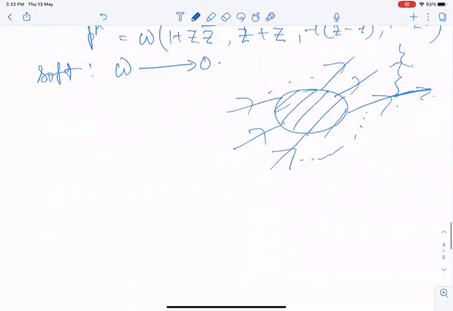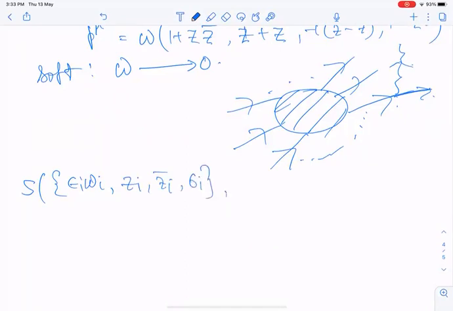And if you write this S matrix with epsilon_i, omega_i, z_i-bar, sigma_i, let me talk about an outgoing soft graviton with energy omega, z-bar, and positive helicity, say.